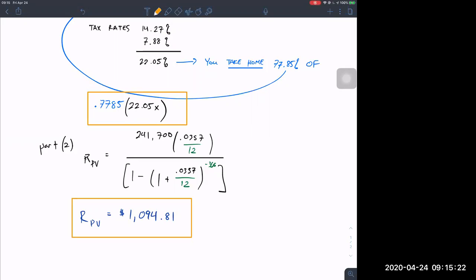Obviously, part 1 didn't have any proper calculations, but I'll give you a moment to just take a look at that, and we'll just move on.